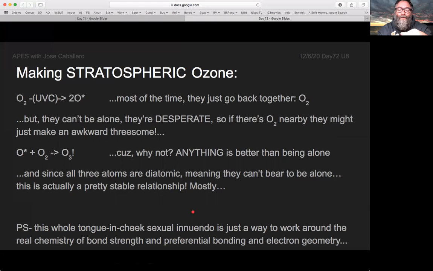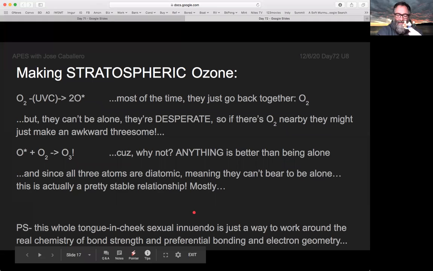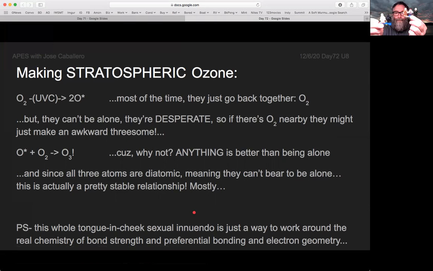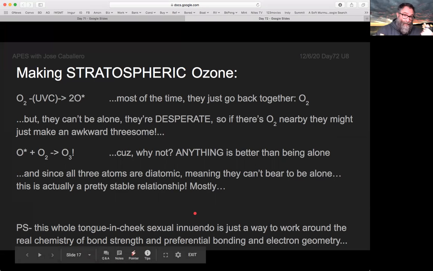Now, threesomes, I don't know. This is not as strong as this one, okay? In this case, each one of these can give all their attention to the other. So there's real chemistry here about bond strength and preferential bonding and the geometry of where the electrons go.